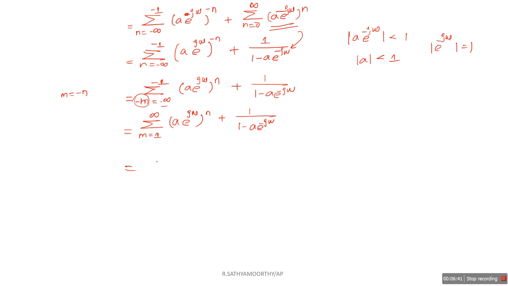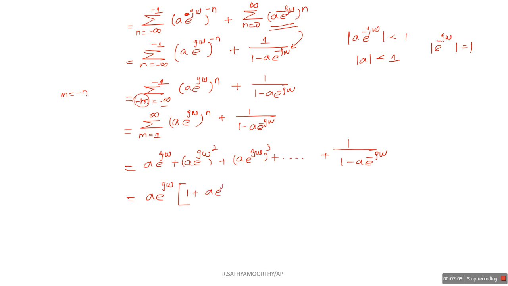Now if I expand this, I'll get a e power j omega, the first term, plus a e power j omega whole square, plus a e power j omega whole cube, and it goes on up to infinity. What is the second term? I have 1 by 1 minus a e power minus j omega. Now if I take a e power j omega as common, I'll get 1 plus a e power j omega plus a e power j omega whole square, and so on.